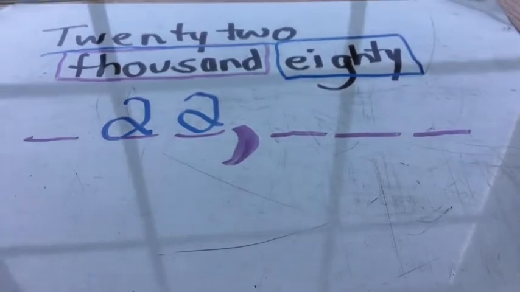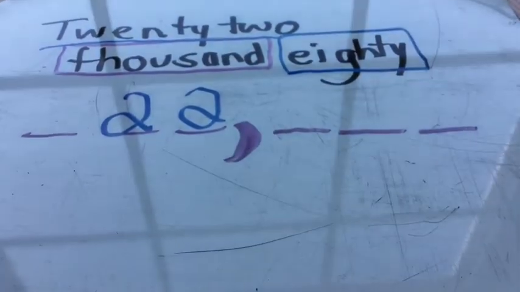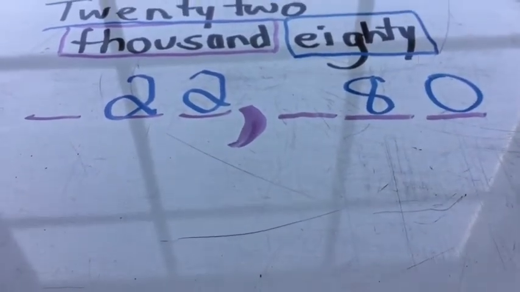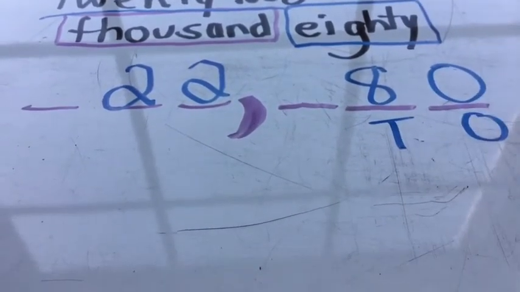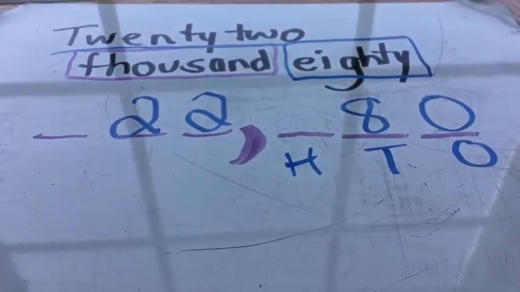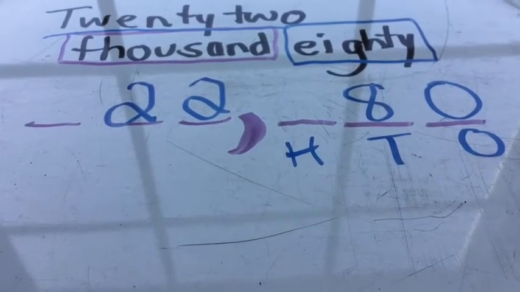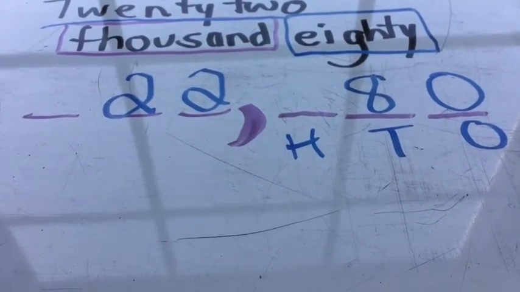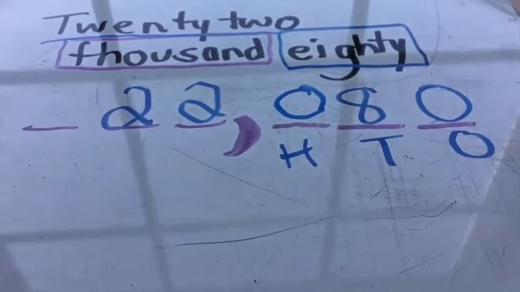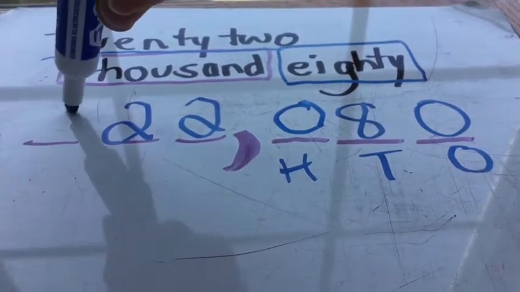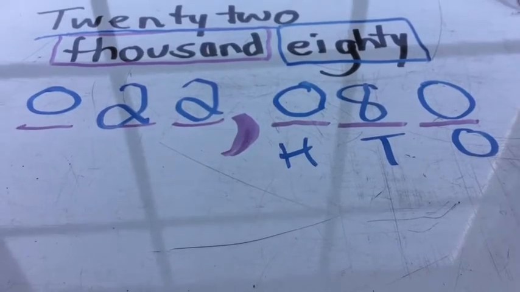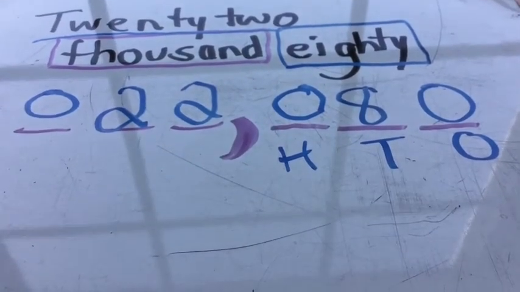Well, I know 80 is 8 tens and 0 ones. However, I have to have something on that hundreds line. How many hundreds does the number 80 have? Well, the number 80 doesn't have any hundreds, so we're going to put the number 0 there to hold the place. And really, if you wanted to, you could put the 0 there to hold the place of the no hundreds in 22, but because that's the front of the number, it doesn't really matter.